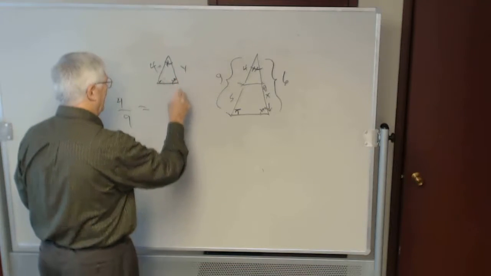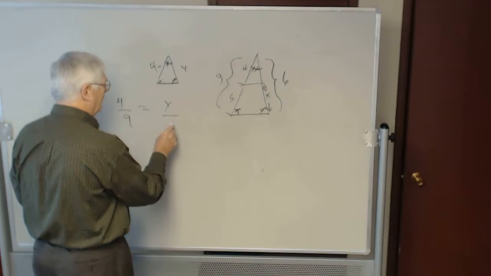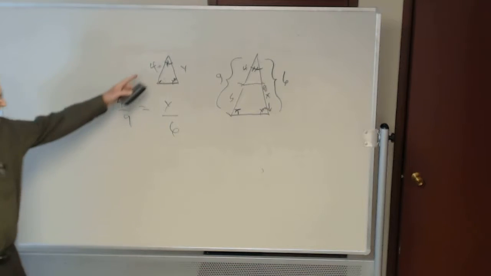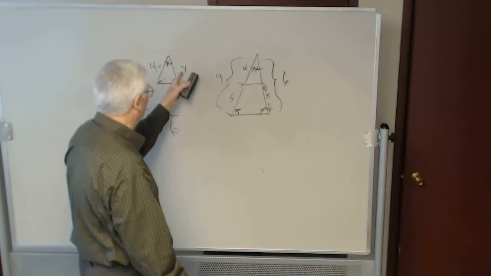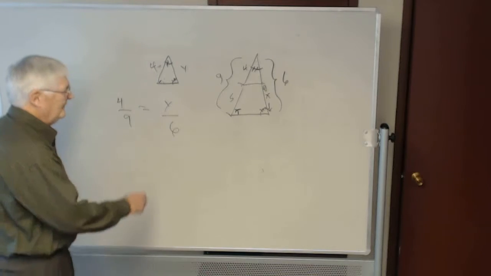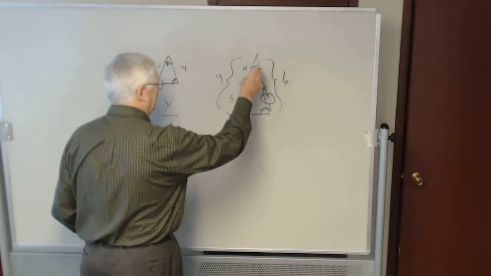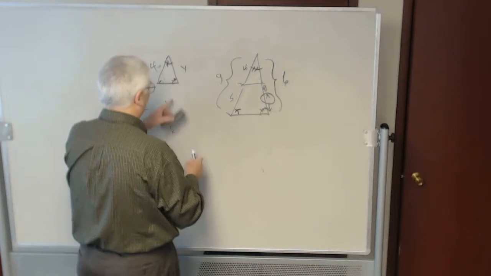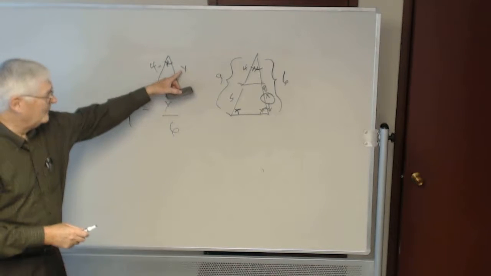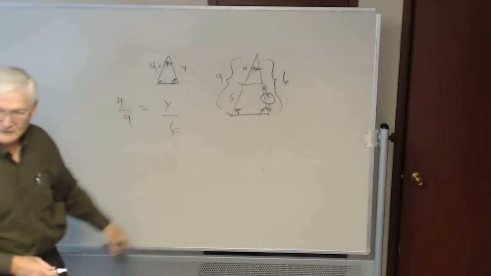Let's call this y. 4 over 9 would equal y over 6. Would that be right? 4 over this side would equal y over this side. You go, yeah, but we want to find this bottom part. But once I find this top part, what can I do? Subtract it from 6 to get the bottom part.